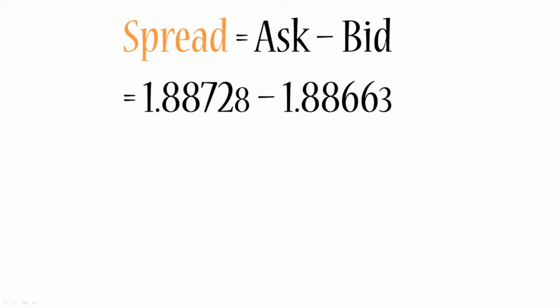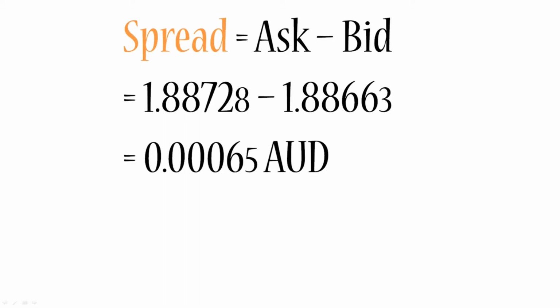So here it highlights to you that these are in fact pipettes on the end of the currency quotations. So the difference of the ask and bid price in this case is 0.00065 units of the quoted currency, which is Australian dollar, and that equals 65 points.